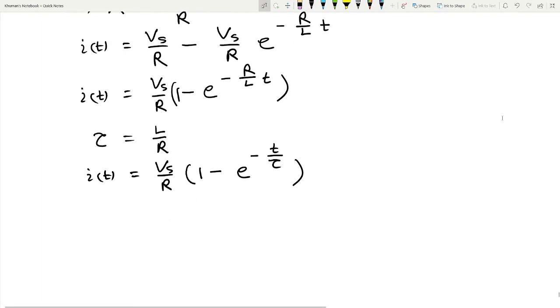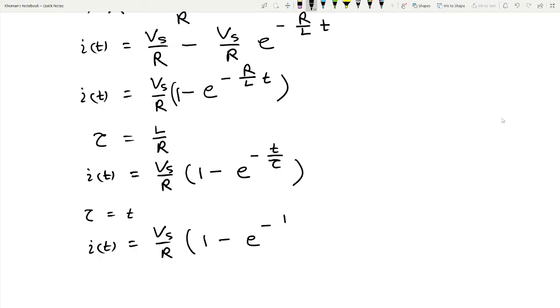Okay, so when we make tau equal to t, this equation can be written as i(t) equal to Vs by R times 1 minus e to the power minus t by t.